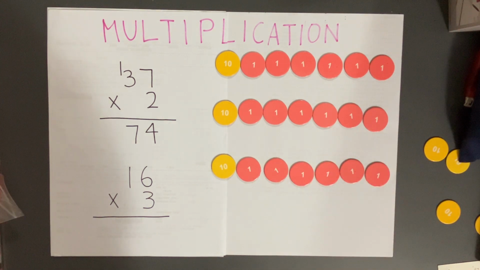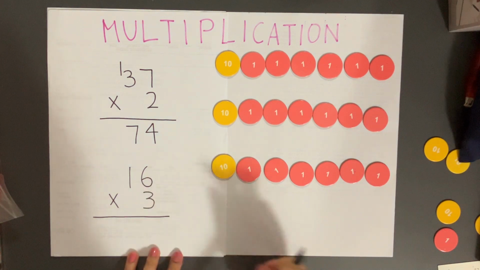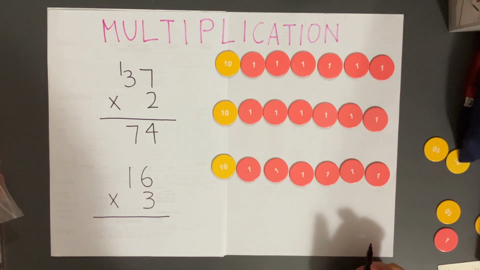Okay, so now I have 3 groups of 16. And I want to calculate what is 16 times 3. First, I start from my ones column, which is 6 ones multiplied by 3. So how many ones do I get?